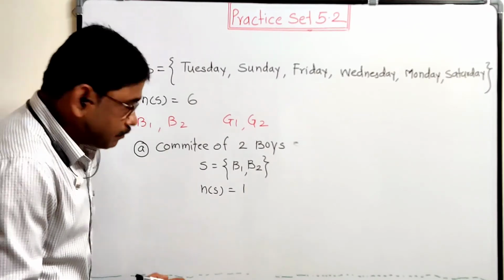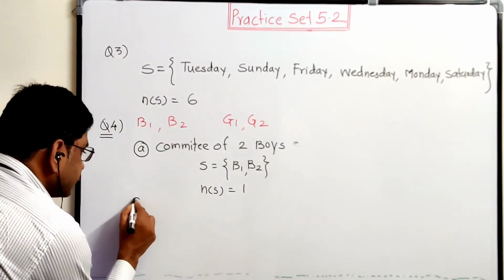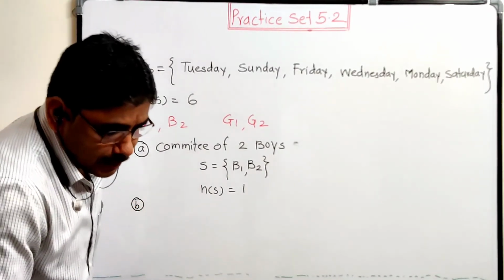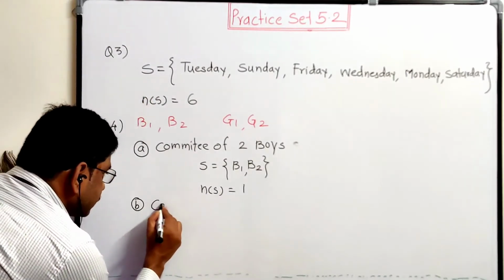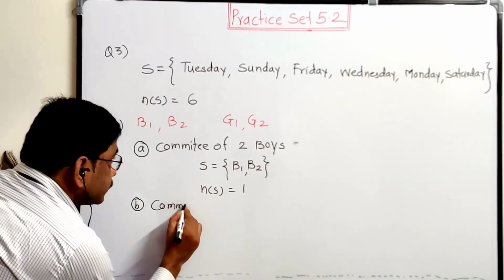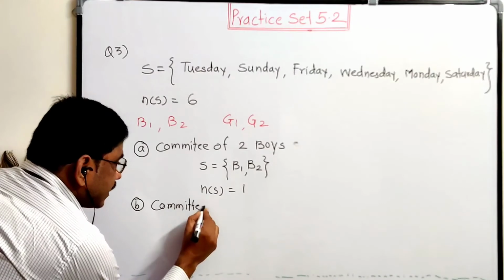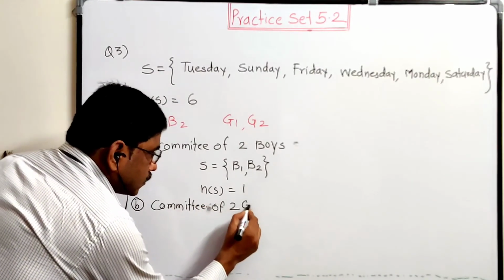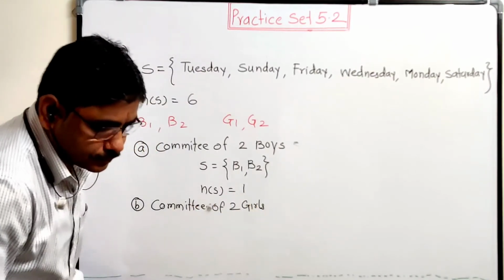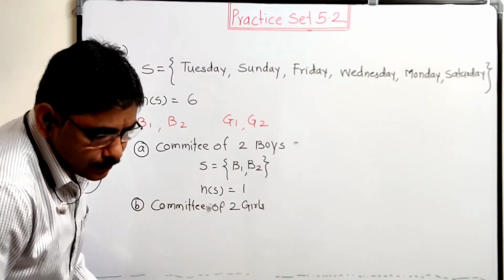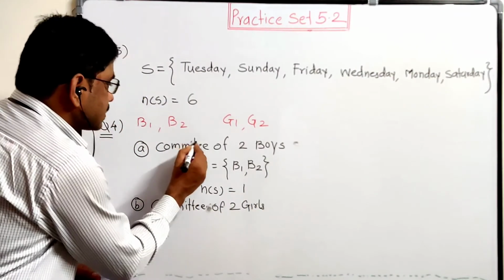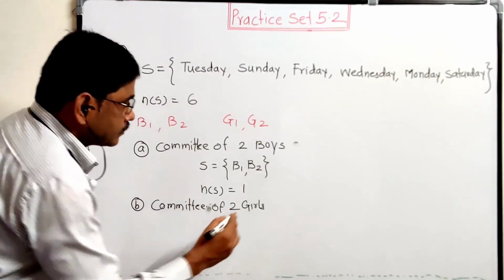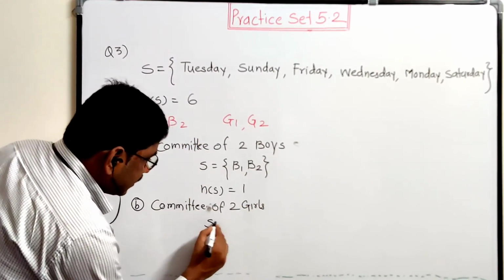Second, B is given: committee of 2 girls. So here committee of 2 girls, only girls will be there.